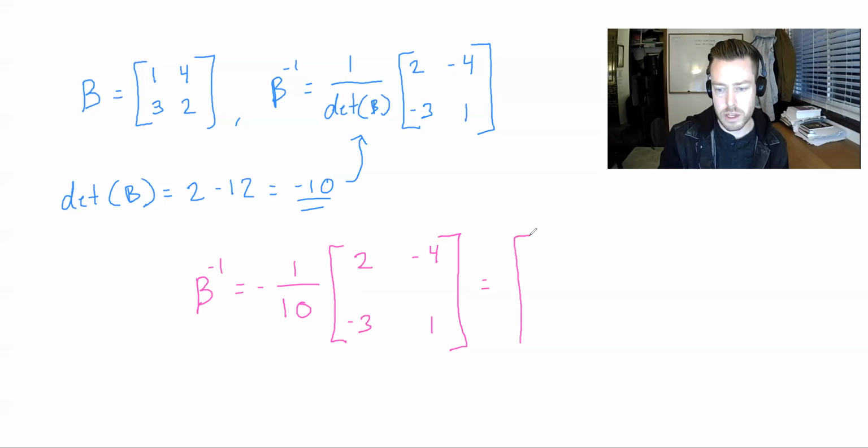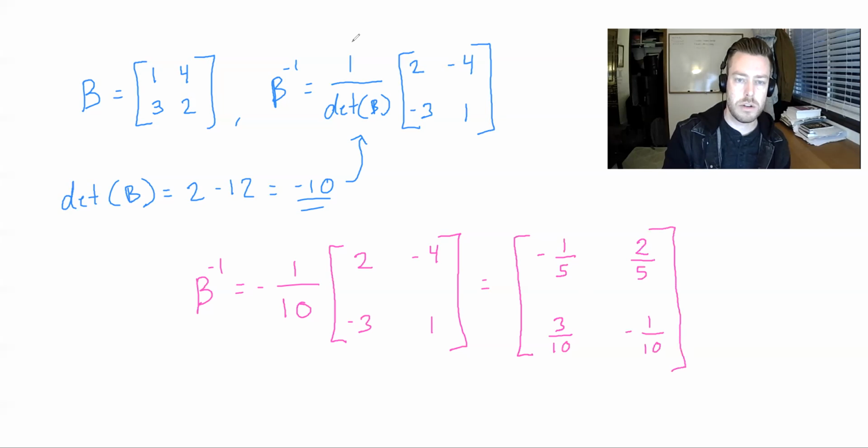So what we are going to get is another matrix, and that's going to be -1/10 times 2. That's going to be -1/5. -1/10 times -4 is going to give us 2/5 reduced, right? -1/10 times -3 is just simply going to give us 3/10, and then -1/10 times 1 is just simply going to give us -1/10. Okay.